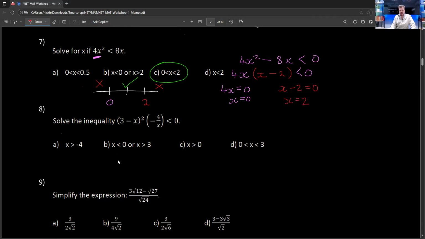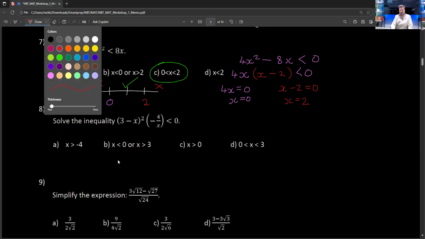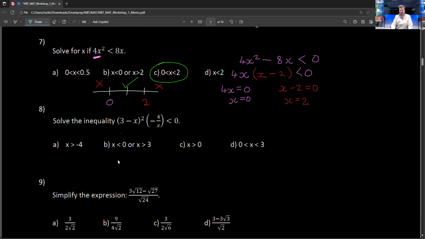Now we want to solve the inequality for 3 minus x squared and minus 4. What I'm going to be doing in this video is just catering for the maths literacy guys. So if you already know the answer to this, guys doing pure maths, just skip to the next one. But if you're doing maths lit, stick around. I'm going to try and make this as easy as I can for guys who haven't done pure maths.